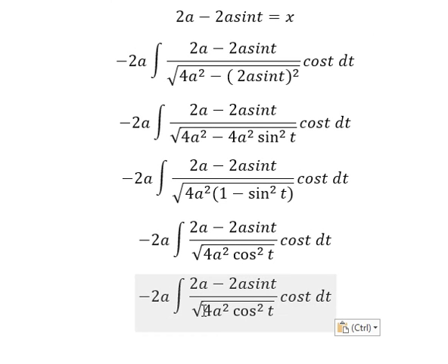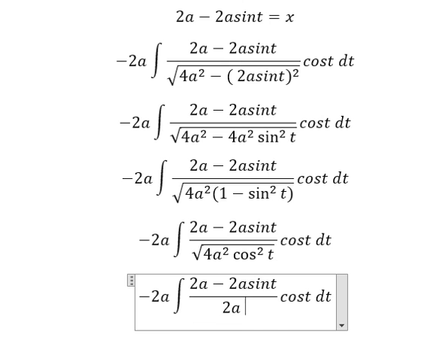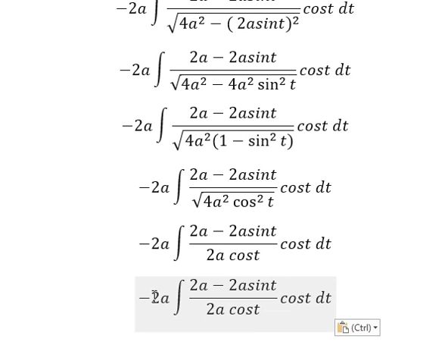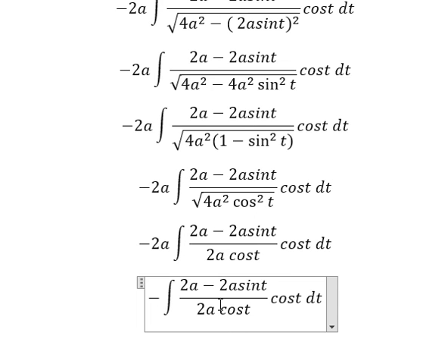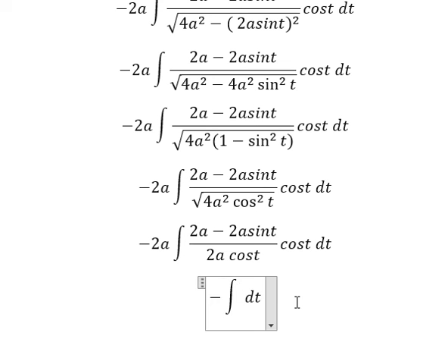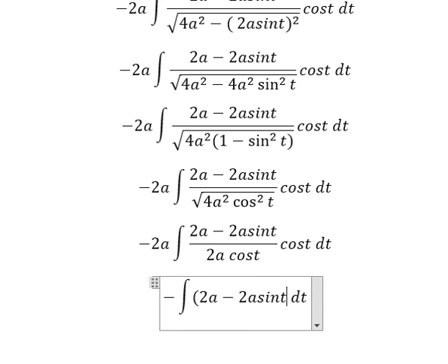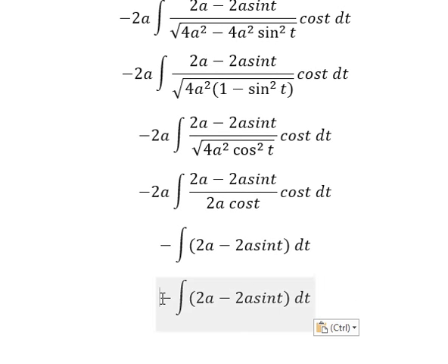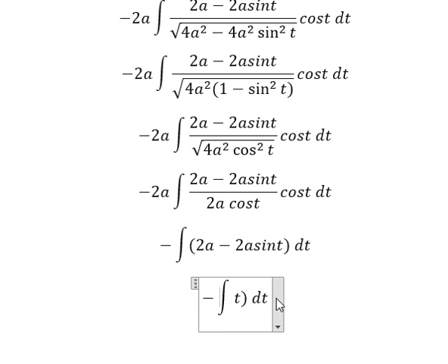The square root of 4a squared cosine t squared, we have 2a cosine t. And now we need to simplify 2a cosine t on numerator and denominator. So the negative will change the sign of this one.